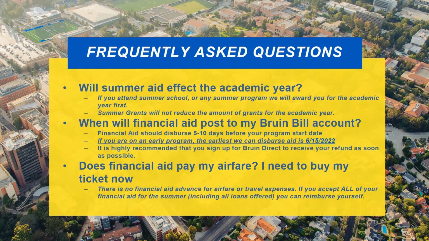We'll talk about that once the PowerPoint is done. But for the most part, you're going to have to purchase the ticket on your own, and then you'll get reimbursed if you accept 100% of the financial aid.